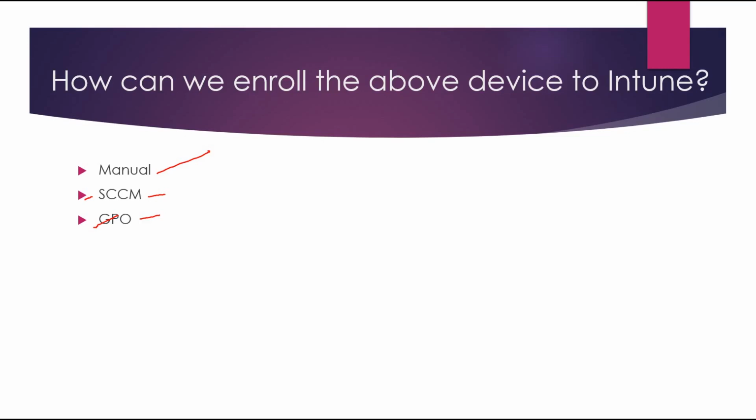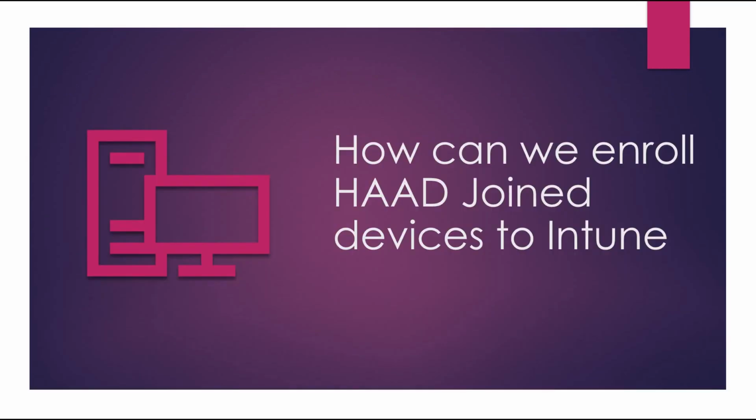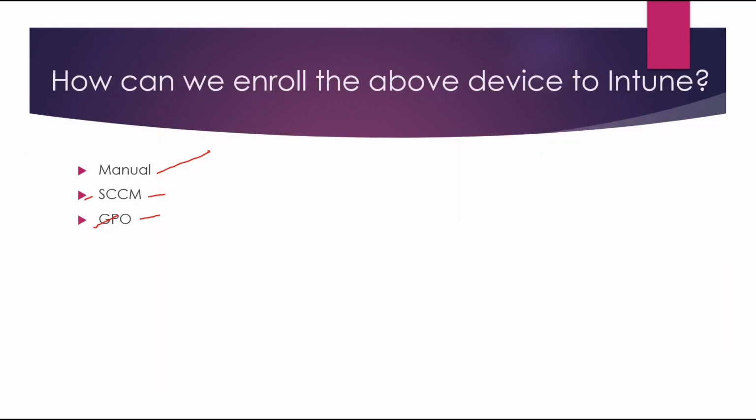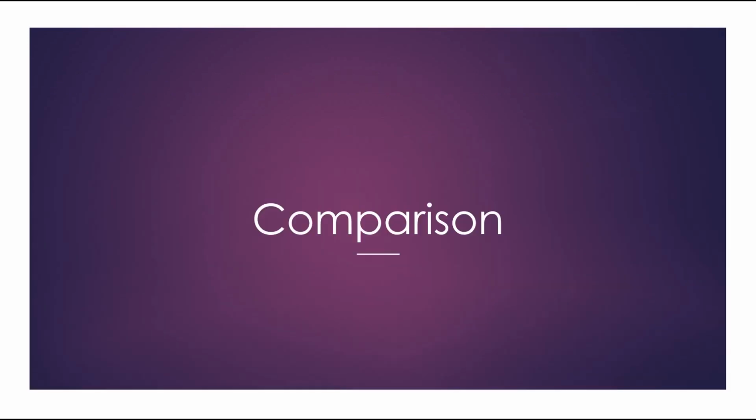Just keep in mind that the prereq is the device needs to be hybrid Azure AD joined. So this is the automatic way of doing it, so that the user doesn't have to follow a manual step. The device automatically gets a group policy, and the group policy takes care of how the device is going to be enrolled, using which credential, without any manual user intervention.